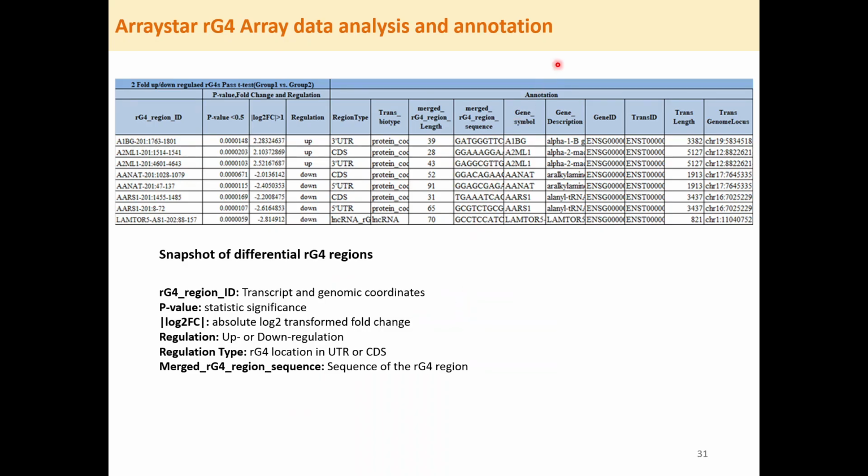For these reasons, Arraystar rG4 microarray is recommended as much better rG4 profiling technology. Arraystar rG4 microarray data are provided with annotation and analysis. For example, the rG4 host genes, rG4 sequences, and rG4 location in mRNA regions, 5' UTR, CDS, or 3' UTR.